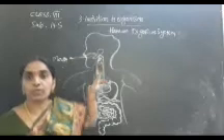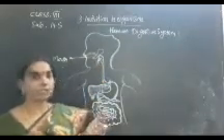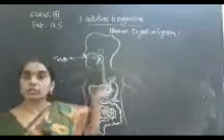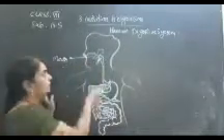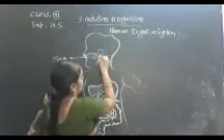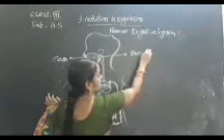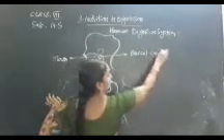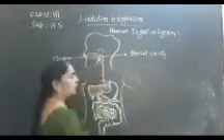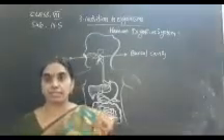Inside the mouth you have 4 different types of teeth, isn't it? Through which the food is chewed thoroughly. And inside it you find the buccal cavity. So this is the buccal cavity, the oral cavity inside the mouth, with the tongue, teeth and the salivary glands present in it.